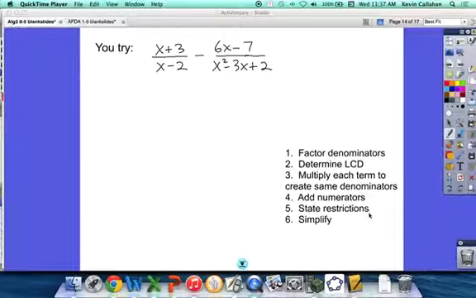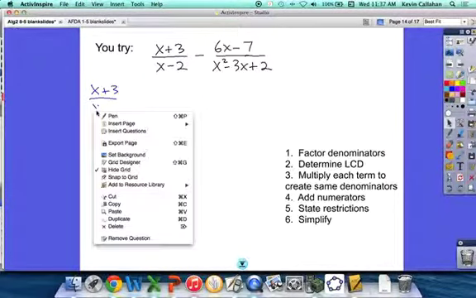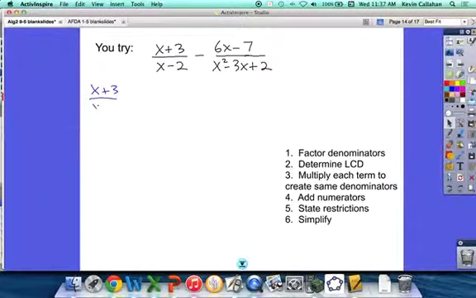Factor the denominators. Okay, in this case, we will write down x plus 3 over x minus 2, minus, and 6x minus 7.